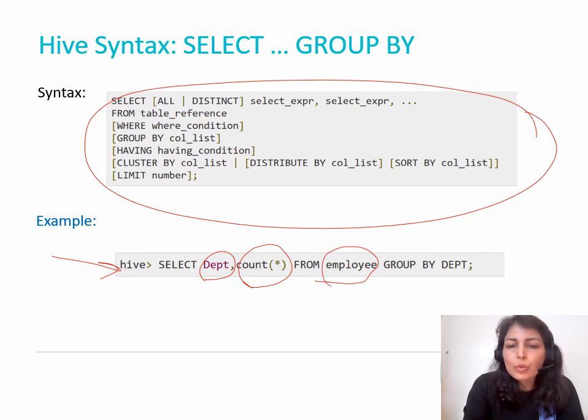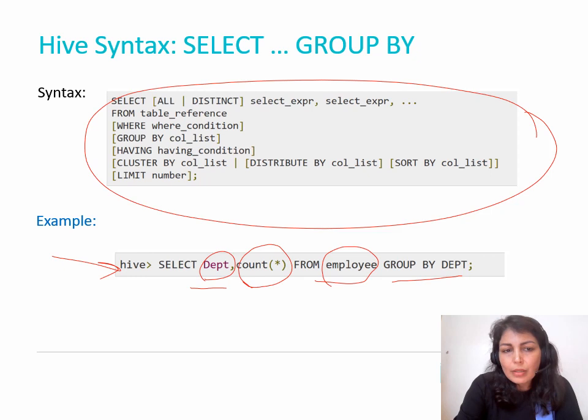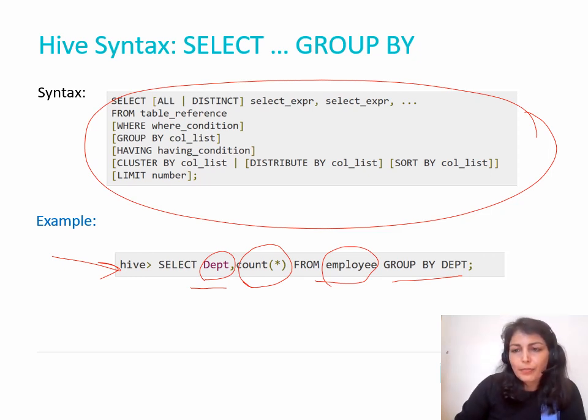We want to group all the information based on their department. And then finally, as the output, we will have department name and the number of employees who are working in each department. So this is the example for select group by.